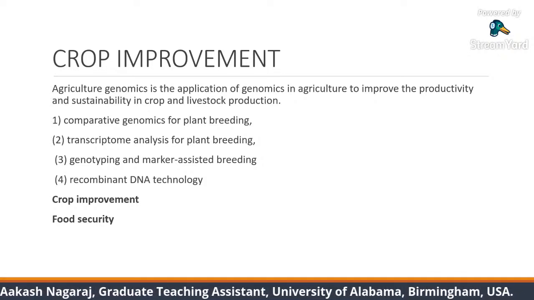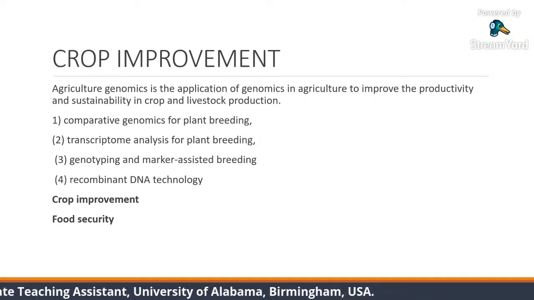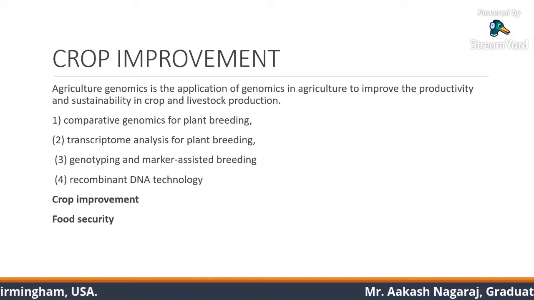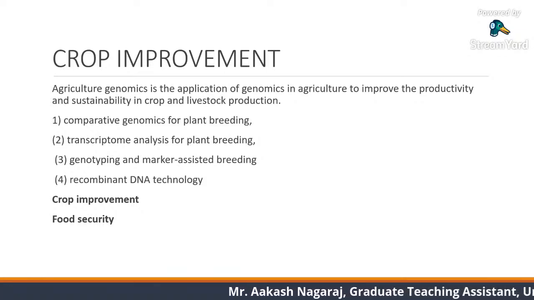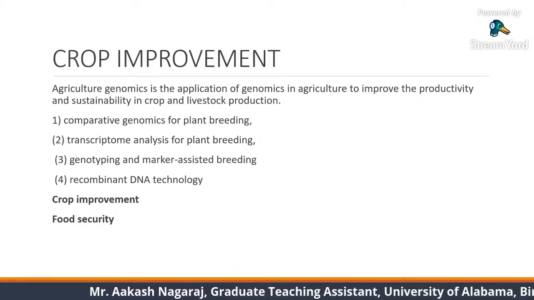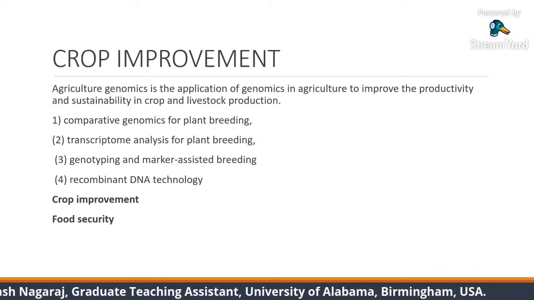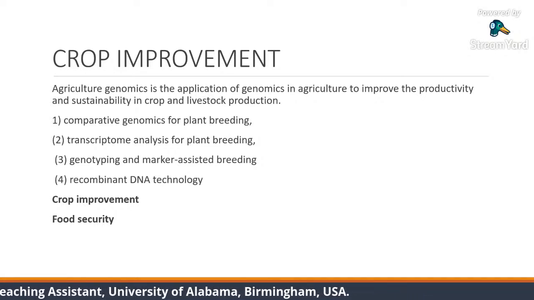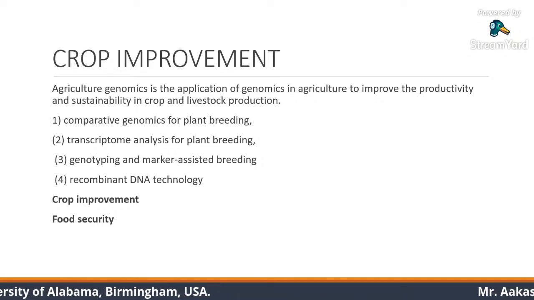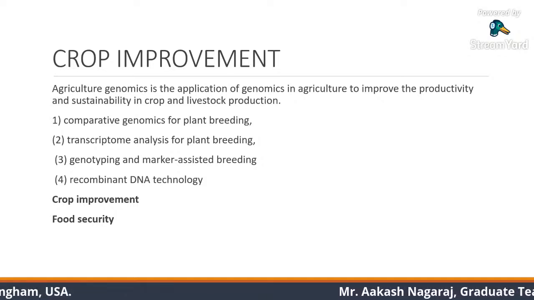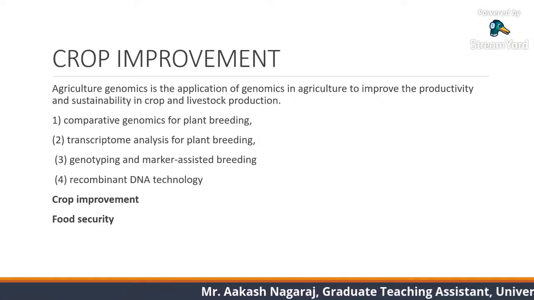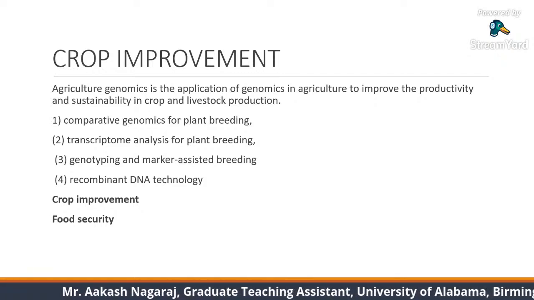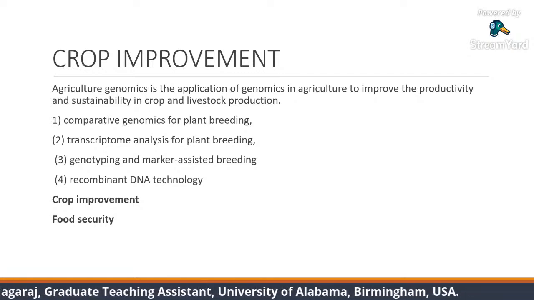So after sequencing and getting the information, we can increase production, lower the cost, and prevent crop damage due to pests and diseases. There could be many ways we can do it. One way is through finding out specific genes which might cause a disadvantage and removing them, or adding different genes.